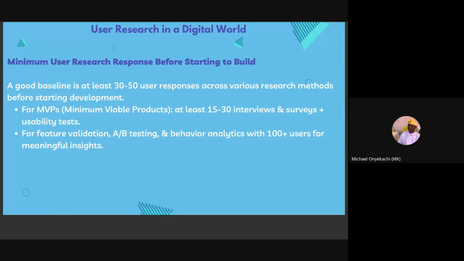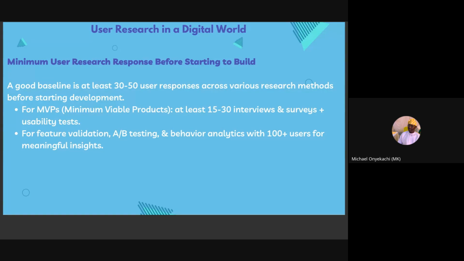Yes, I understand, but my understanding is based on an existing product. So when it comes to building a new product, does it necessarily mean that we would have to get about 100 user responses? Because from the slide, I am seeing 50 users.